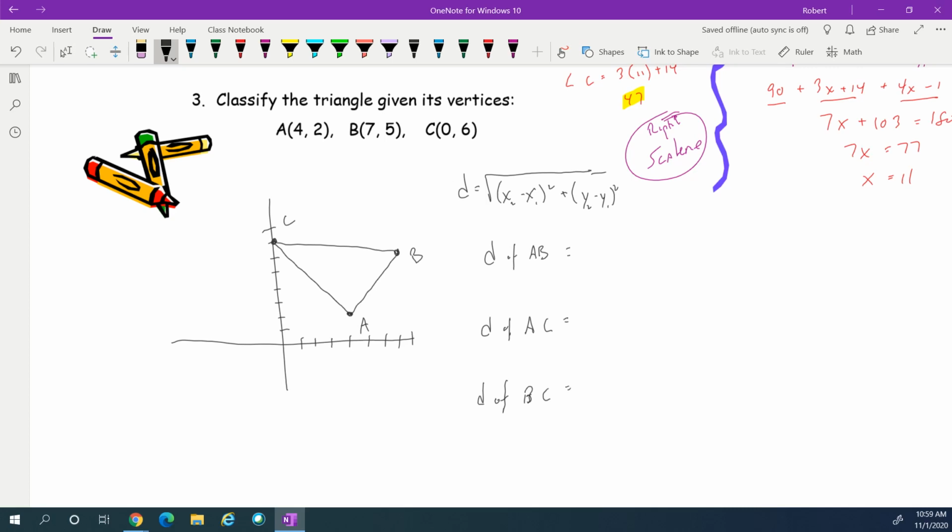So again, label your points. If I'm going to use A and B, I'm going to call that x1 and y1 and x2, y2. Make sure that you're plugging in carefully. So x2 minus x1, 7 minus 4 squared. y2 minus y1, that's a 5 minus 2 squared.